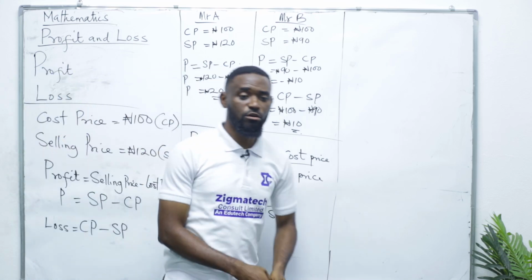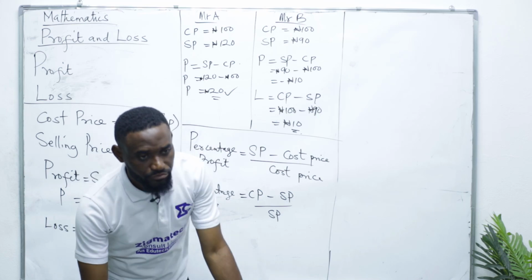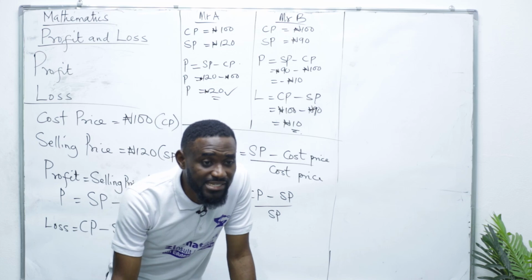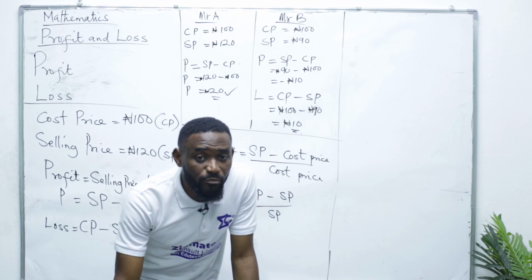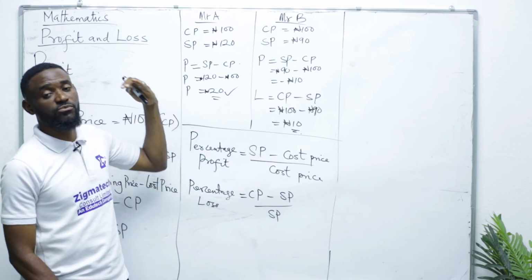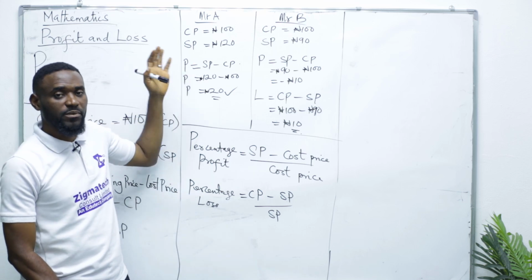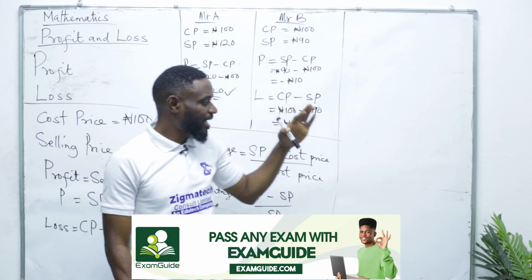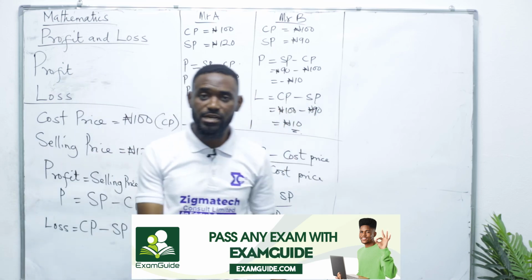So we can have profit, and they ask us to find the percentage profit that the seller made. We can have these formulas and solve them.